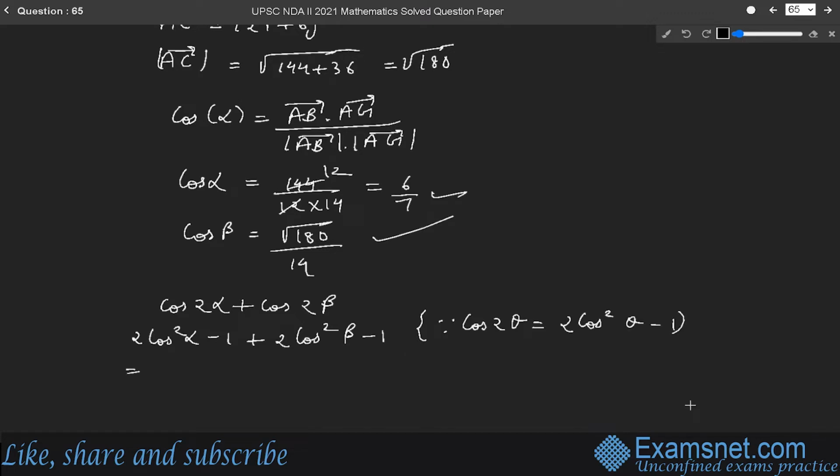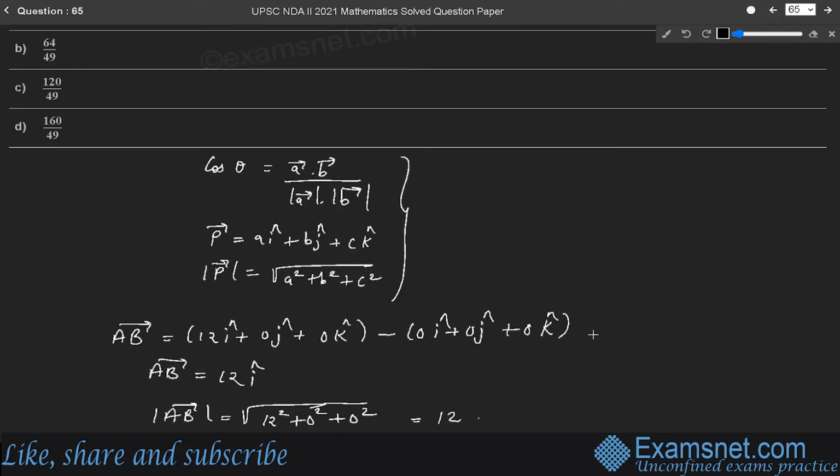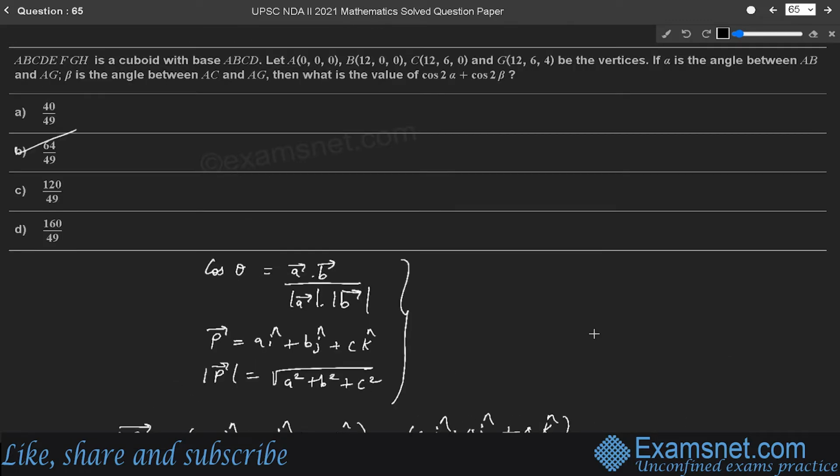Now on putting the values, we get 2 into (6 by 7) whole square minus 1 plus 2 into (root 180 upon 14) whole square minus 1, which equals 72 by 49 plus 90 by 49 minus 2, which equals 64 by 49. So this is the value of cos 2 alpha plus cos 2 beta. Therefore the correct option for this question is option B, which is 64 upon 49. This is the required value.